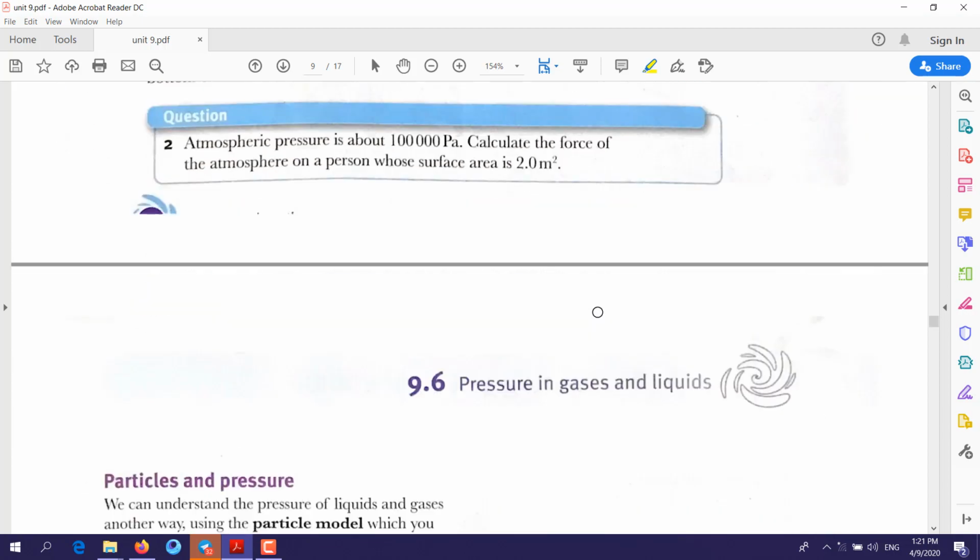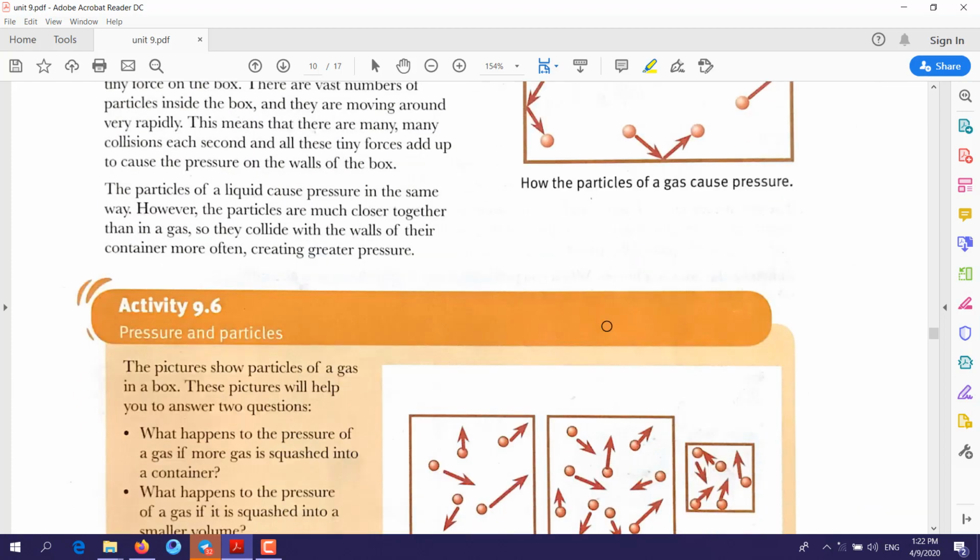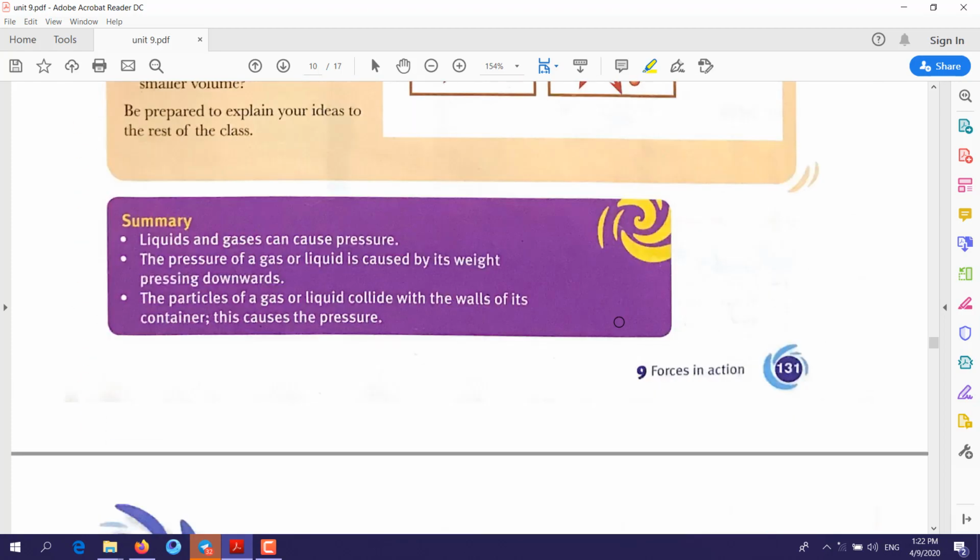The same thing is with pressure in gases. In gases also, the higher you go, the less pressure you will have. Why? Because when you go up higher, less air particles will be on you. Less air particles means less weight and then less pressure.